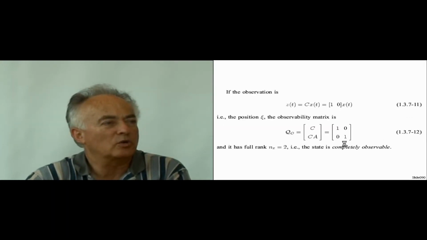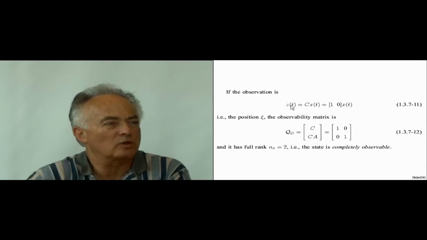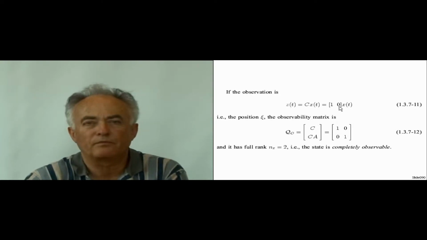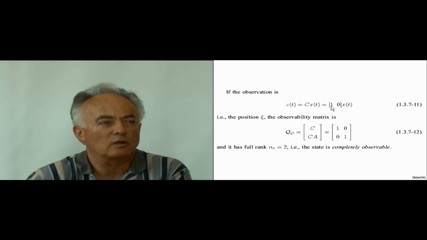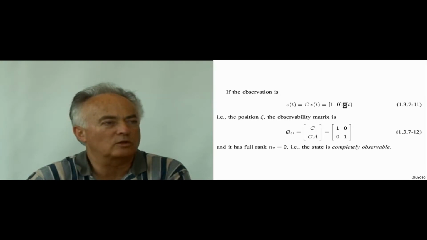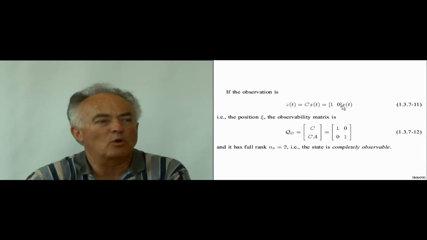Now, let's look at the other situation. Observability. z = Cx, assume we observe the position. That means the row vector [1, 0] multiplied with the components of the vector x picks up only the position, the x1 component.